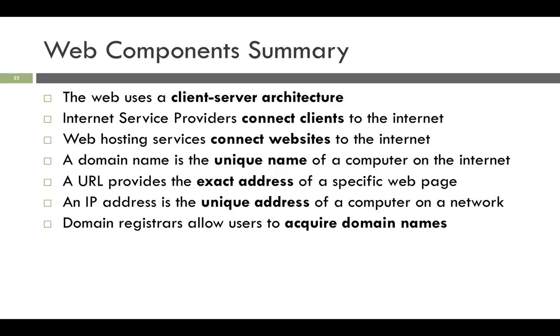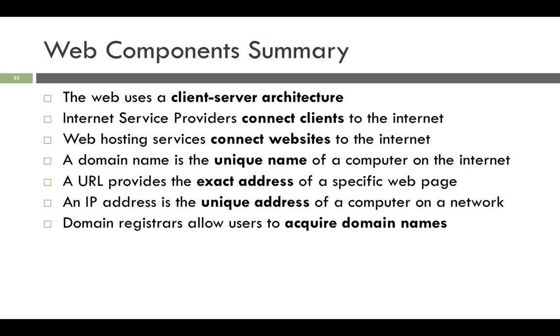In summary, the World Wide Web is made up of many components. We examined a few of these elements. First, the web operates in a client-server architecture. Clients, such as web browsers, request information from web servers. Next, we discussed the role of Internet service providers, which connect clients to the Internet. Third, we explained the functions of website hosting services and how they connect websites to the Internet.